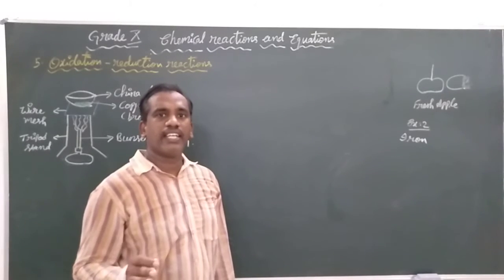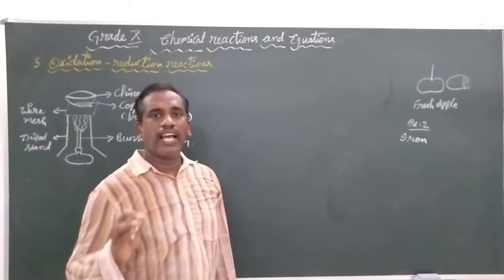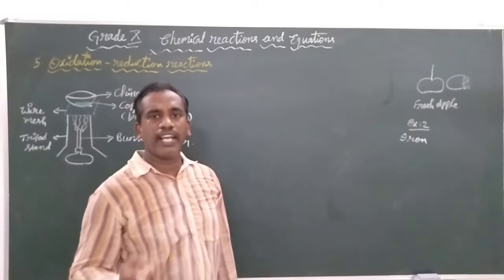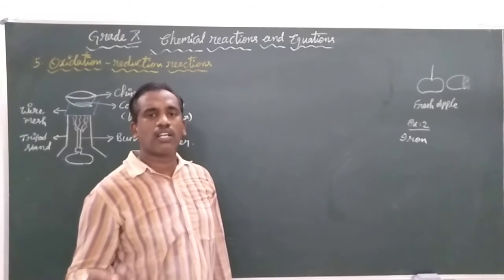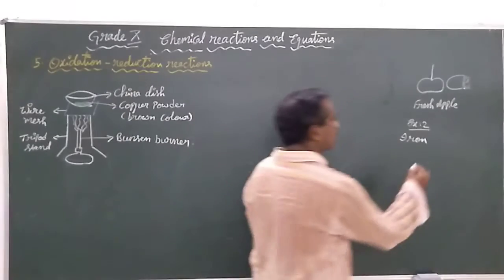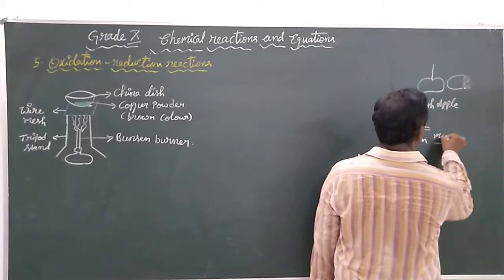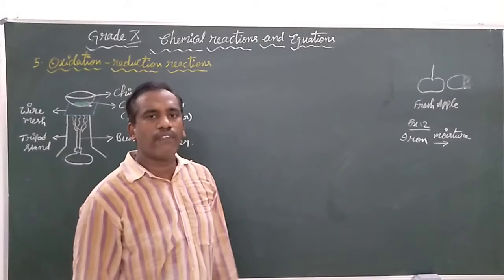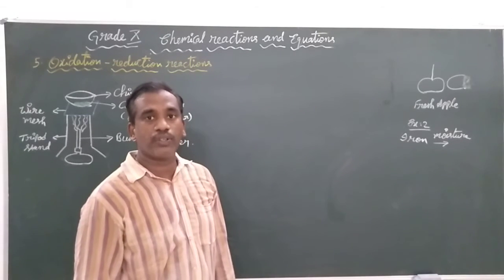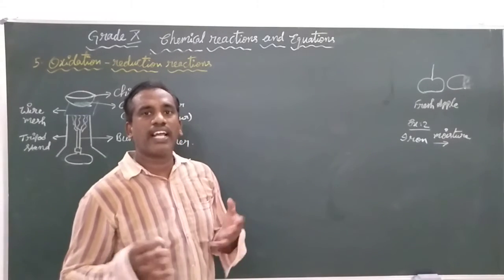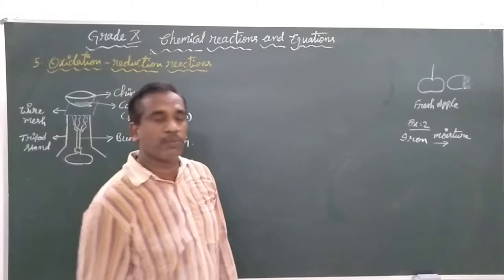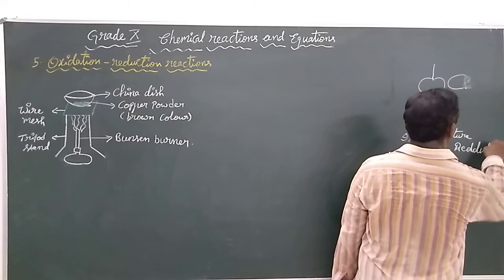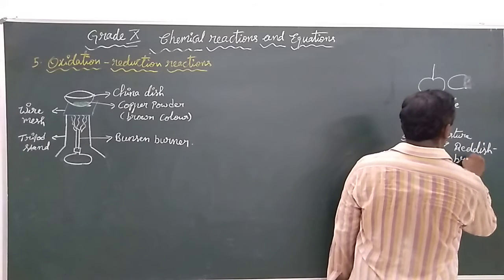But when this iron is left exposed to atmospheric moisture for many days, like 2 or 3 months, it is going to react with the moisture, and what color will it form? It is going to form the reddish brown color rust. What is the color of the rust? Reddish brown color.